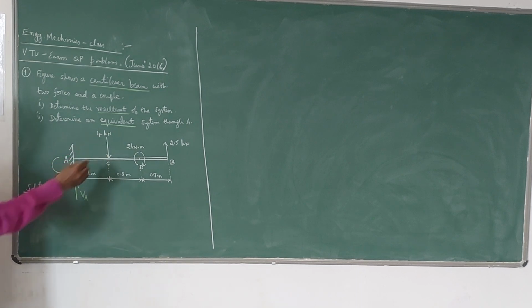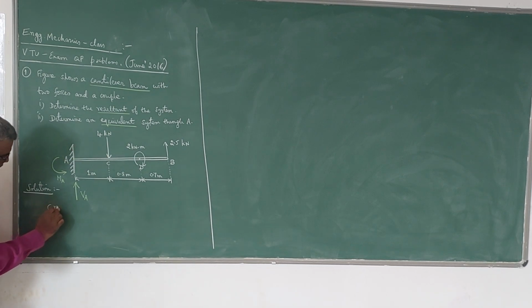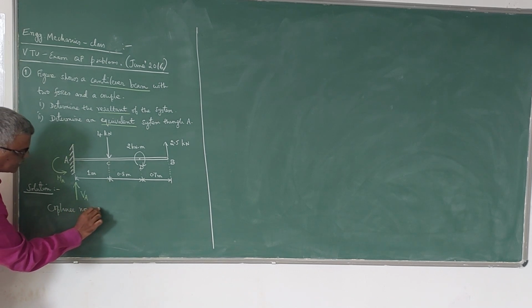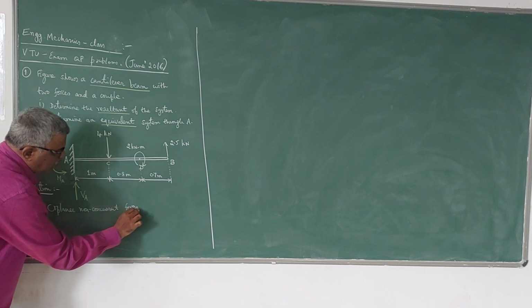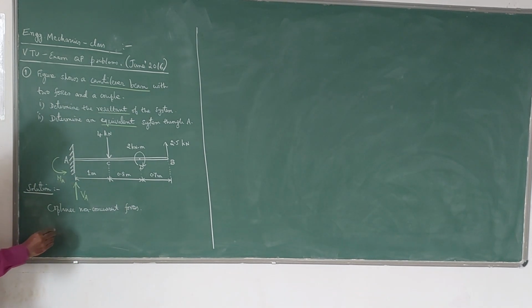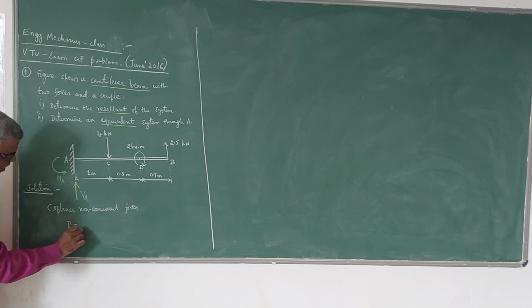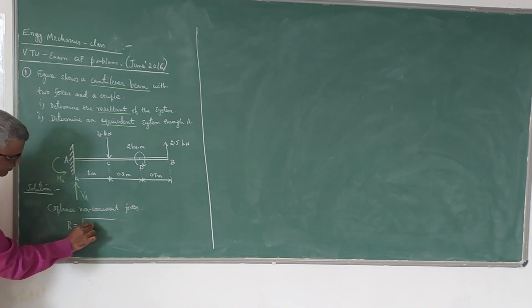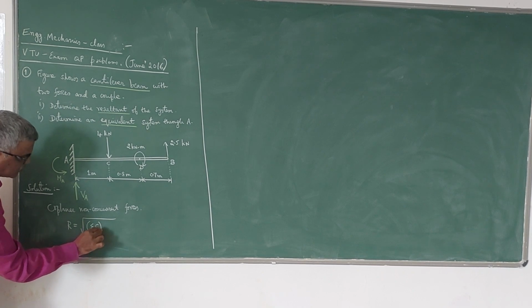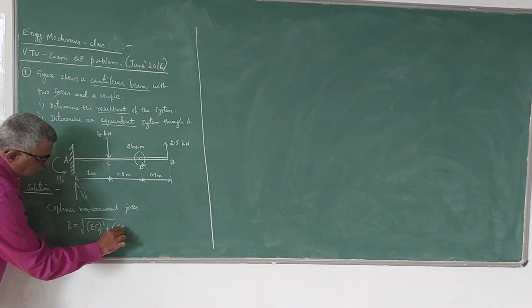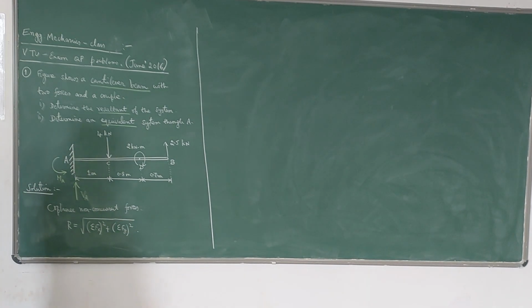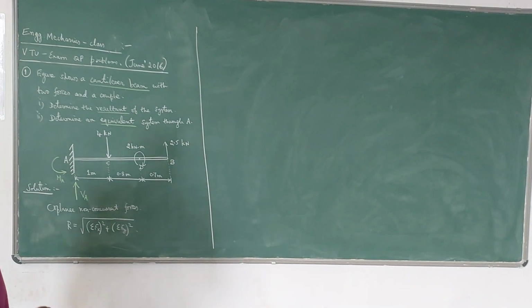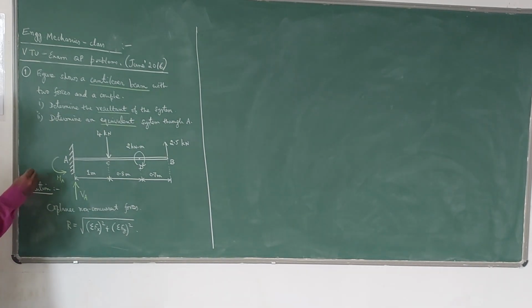This given system of forces is a coplanar non-concurrent force system. In the case of coplanar non-concurrent force systems, the resultant R is given by the square root of sigma Fx square plus sigma Fy square. Sigma Fx is the algebraic sum of the forces in x direction and sigma Fy is the algebraic sum of the forces in y direction.